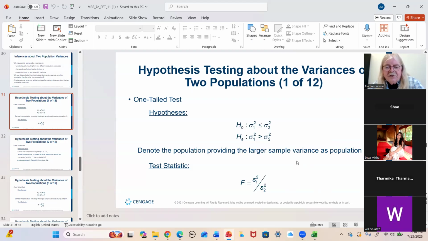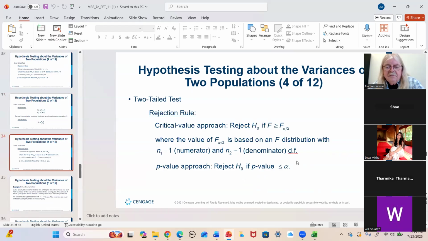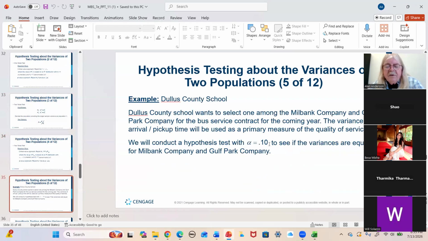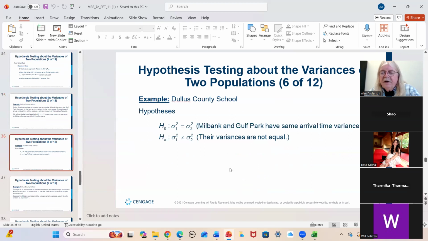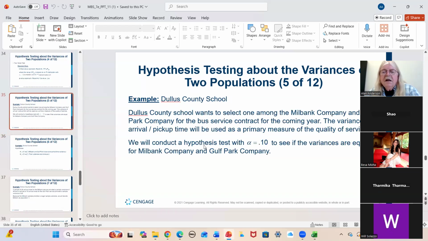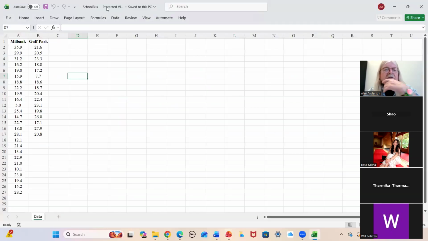So anyway, let's take a look at the spreadsheet. So they're comparing the performances of the two companies, Millbank and Gulf Park, and they want to test the hypothesis that the variances are equal. If they're not, well, we'll choose the one with the smaller variance. Two-tail test. So we're going to come in here into the data analysis tool pack.